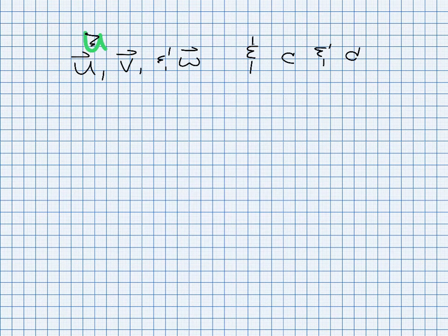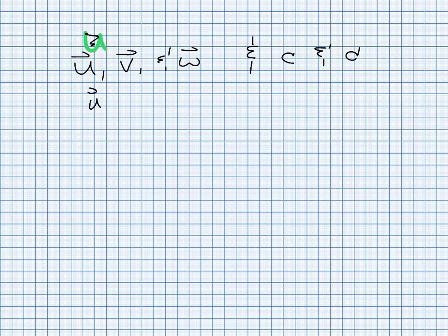Now, scalars are simply numbers that have magnitude only. They have no direction. So it's the opposite of a vector. A vector has both magnitude and direction. Scalars have magnitude only.